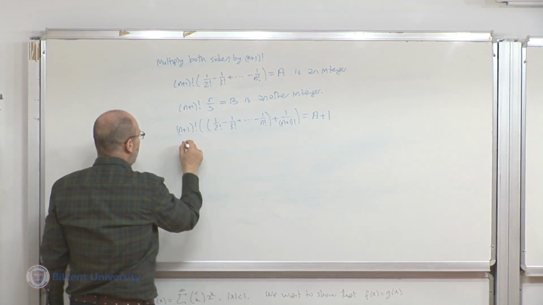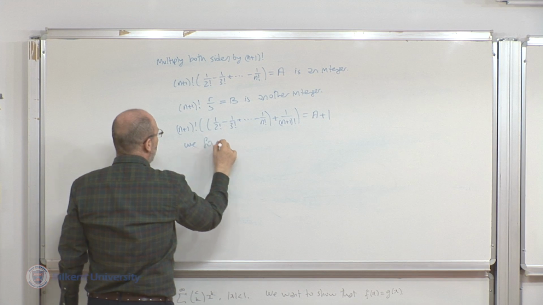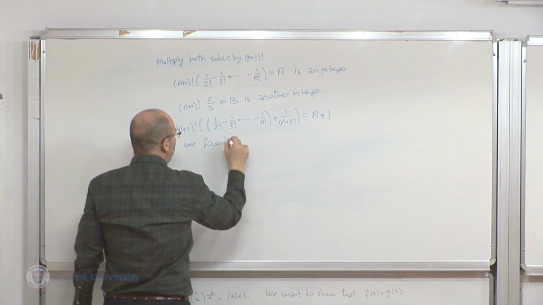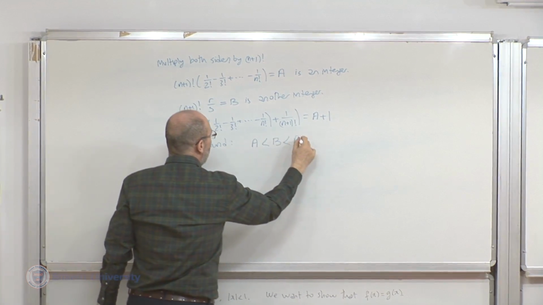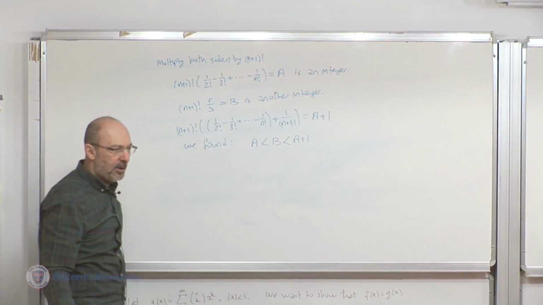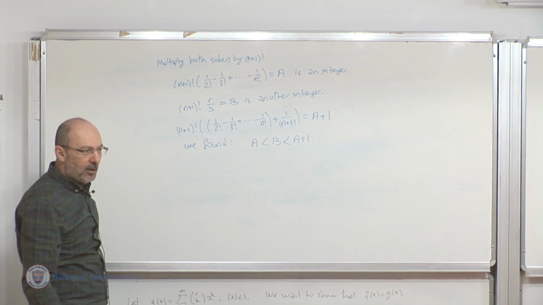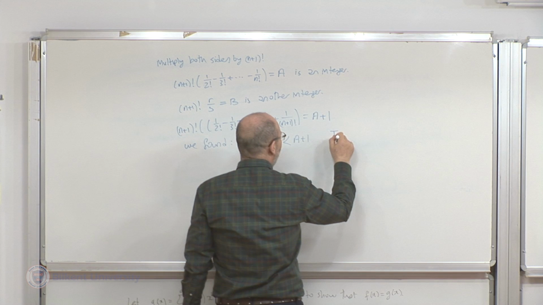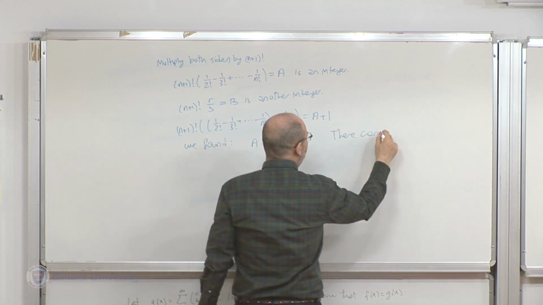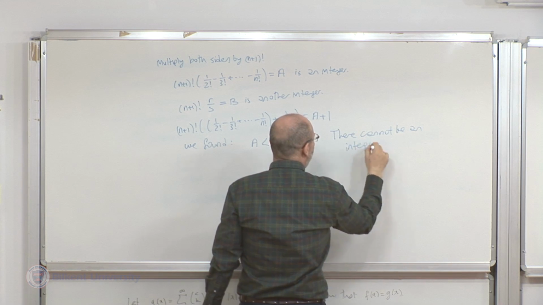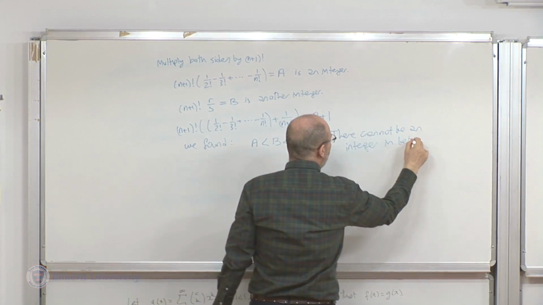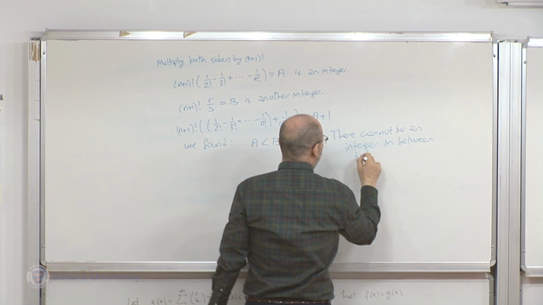Okay, so we found two integers. We found that we have a less than b less than a plus 1. This is an obvious contradiction. There's no integer in between two consecutive integers.